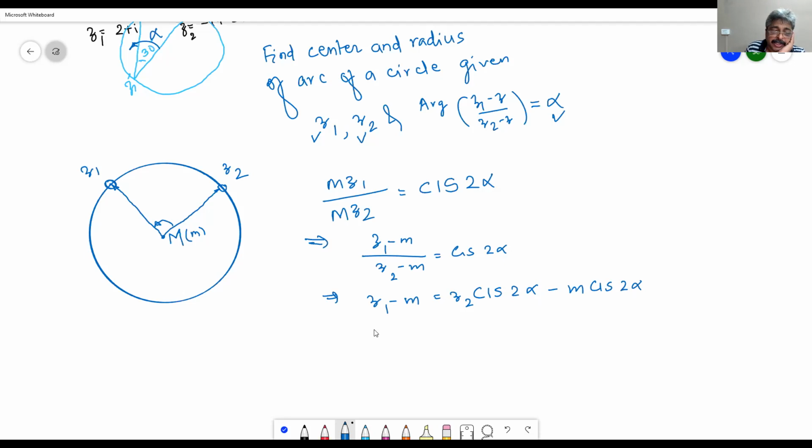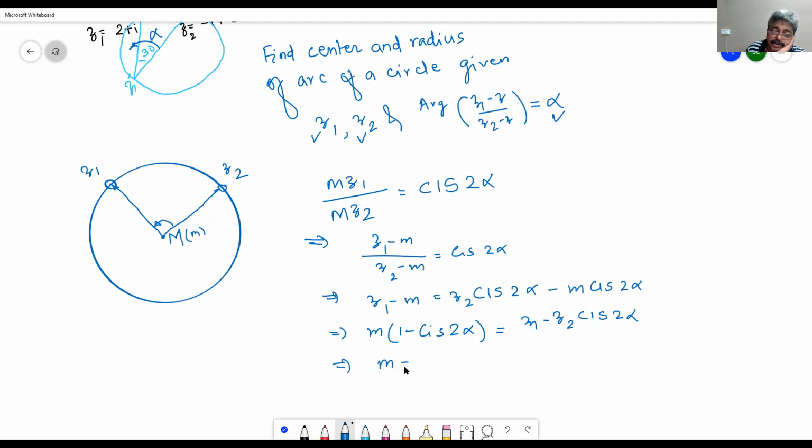And we are interested in m, therefore m times (1 minus cis 2 alpha) is equal to z1 minus z2 cis 2 alpha.